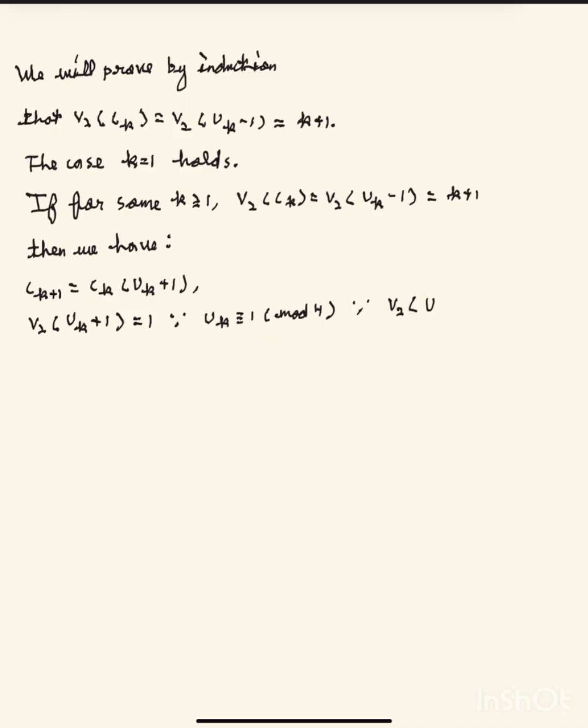So just to be clear, if for some k greater than or equal to 1, v2 of c_k is equal to v2 of u_k minus 1, which is equal to k plus 1, then we have c_{k+1} is c_k times u_{k+1}. v2 of u_{k+1} is equal to 1, because u_k is congruent to 1 mod 4, because v2 of u_k minus 1 is greater than or equal to 2, right?